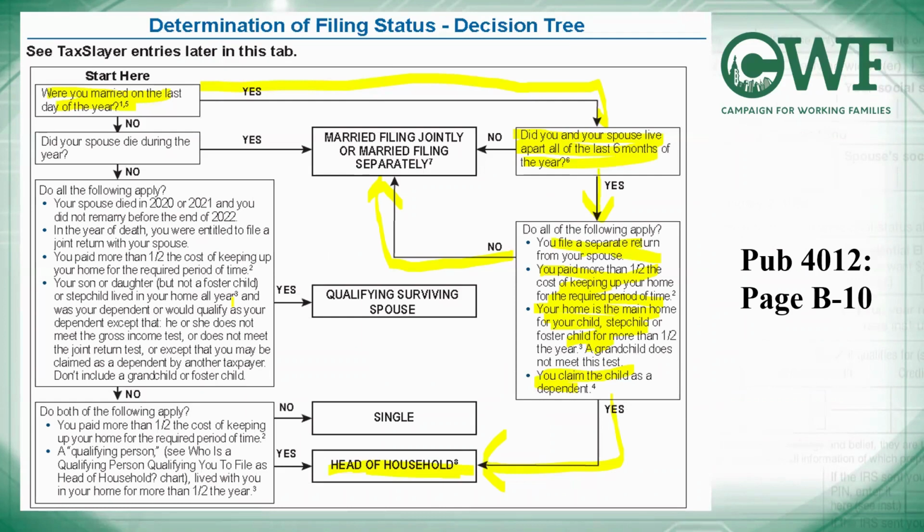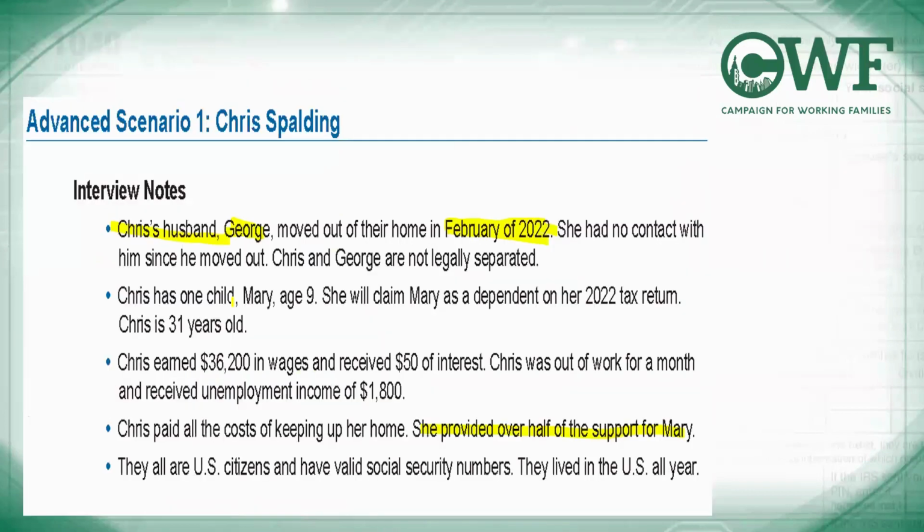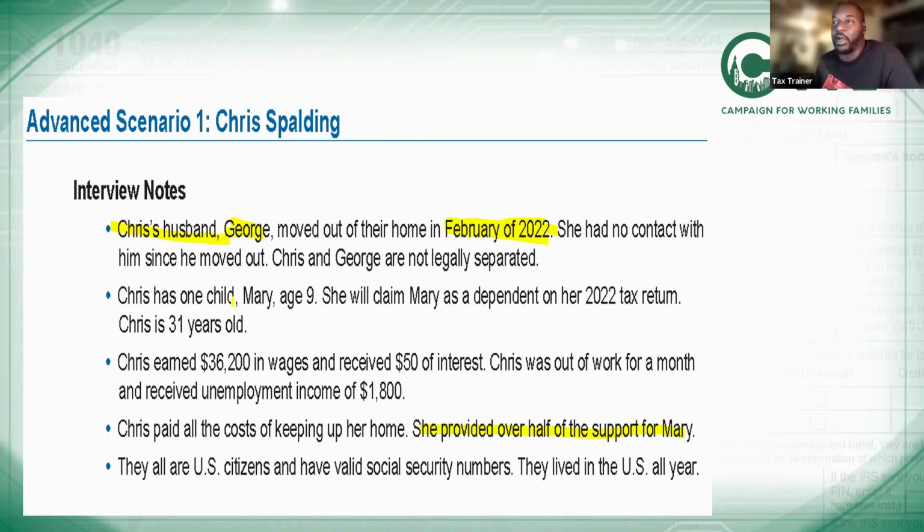Wouldn't one of their returns reject because they're filing differently? Because one is filing married filing separate. Like say if he filed before she does, and she goes to file head of household, isn't her return going to reject because her husband did married filing jointly? Married filing separately, it would not reject because she qualifies to be considered married.